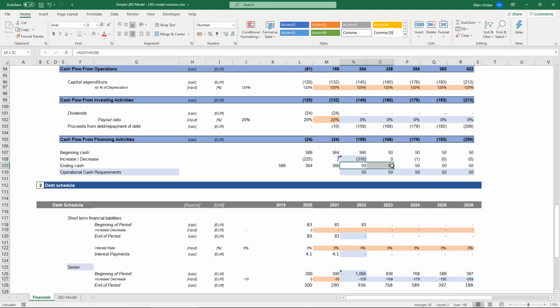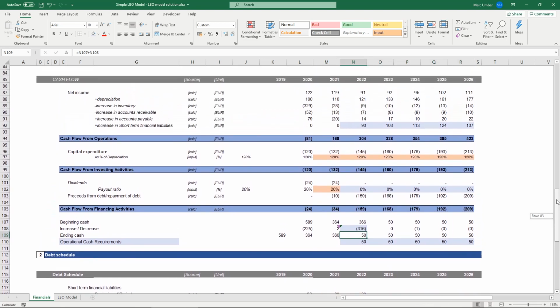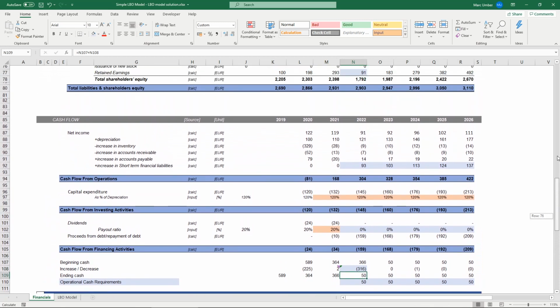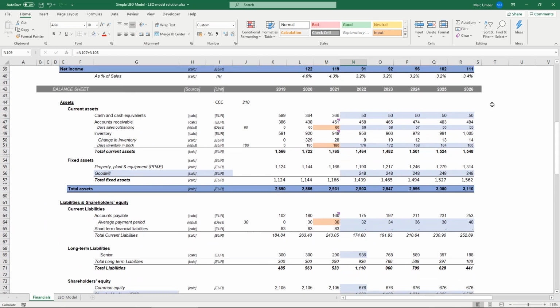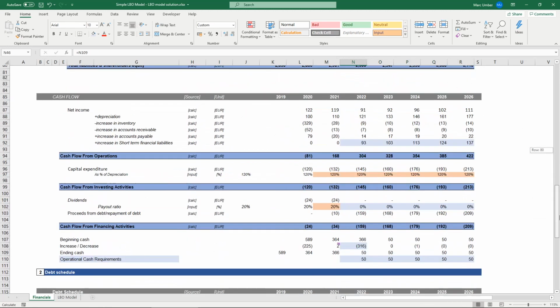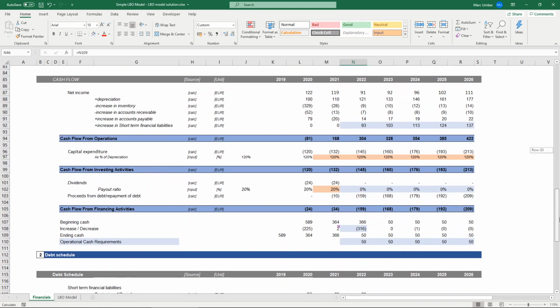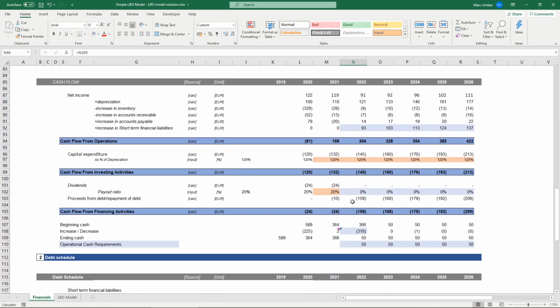This would keep our cash balance with an ending cash balance of 50 in line. This is a stable and sustainable business model now. Let's check in our balance sheet. We have 50 in cash. We now know how much this business, all else equal, could afford to pay down in debt.